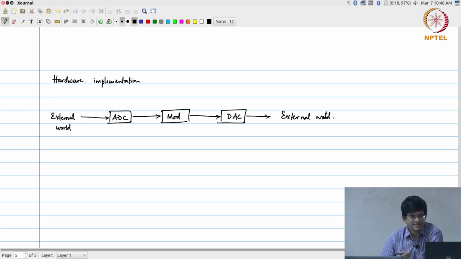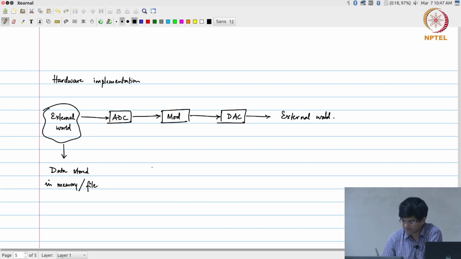But in practice, and in fact in the systems that we are going to be working with, very often rather than worrying about this external world, we already have the data stored somewhere, either in the memory of a computer or on a file somewhere in a file system of a computer or somewhere else. It is essentially already available to you as data, so you do not need to worry about how the data came.